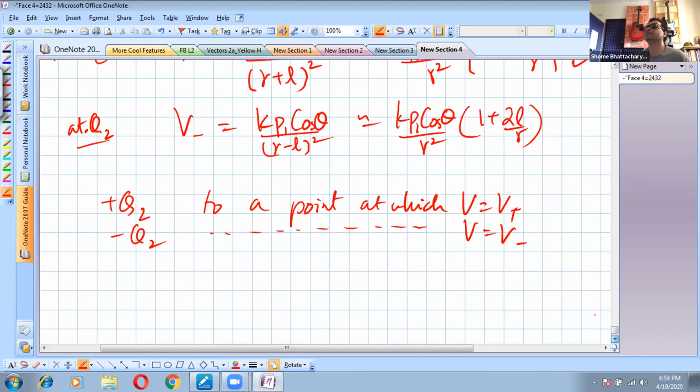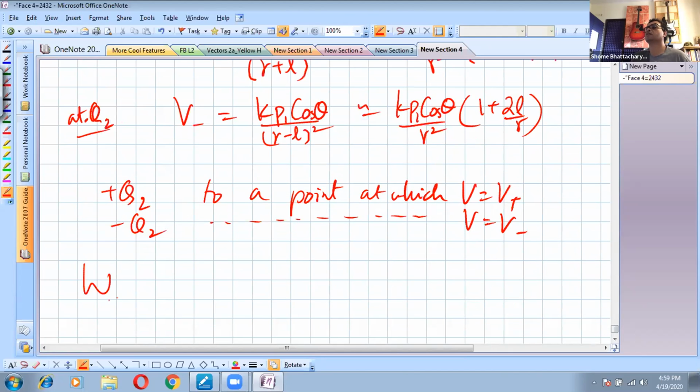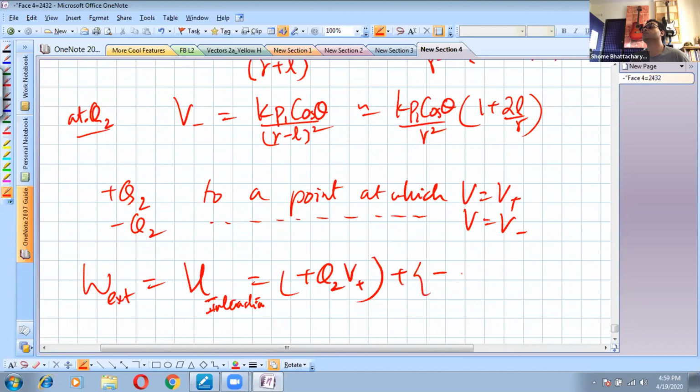So my total work done by the external agent will become the interaction energy of the system. This will become the interaction energy. And that will be plus Q2 into V plus, and minus Q2 into the potential at that point.